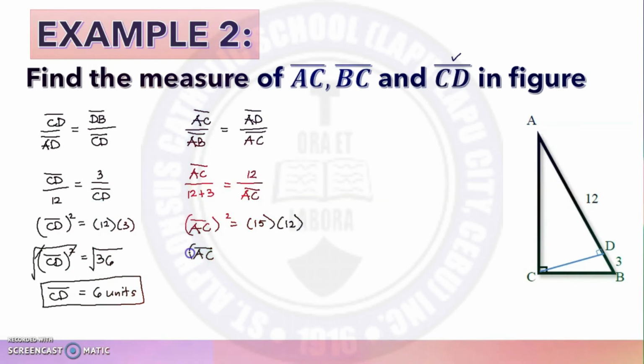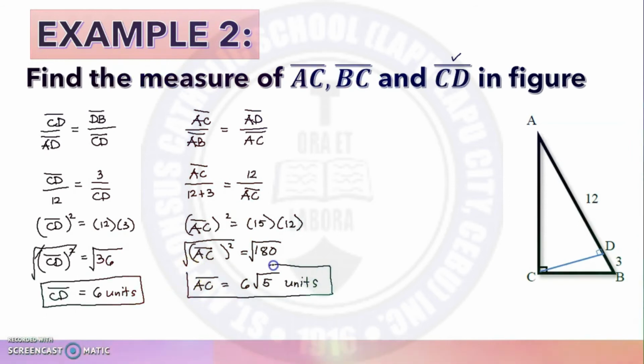So AC squared, 15 times 12, that is 180. Then extract the square root so that we can get the value of AC, and the square root of 180 is 6 square root of 5 units. Since we already talked about radicals, class, we cannot accept decimal answers. So make sure that your answer is in the simplest radical.